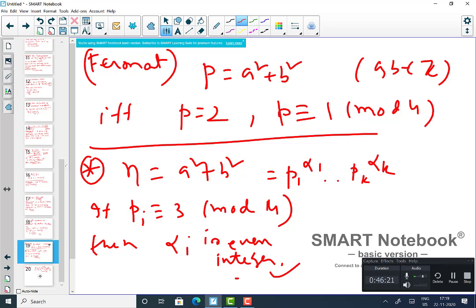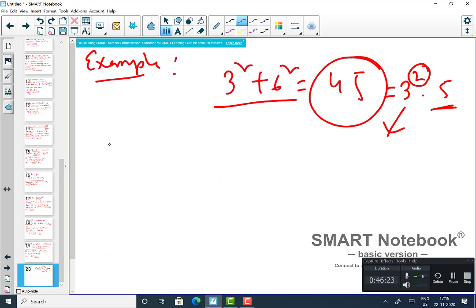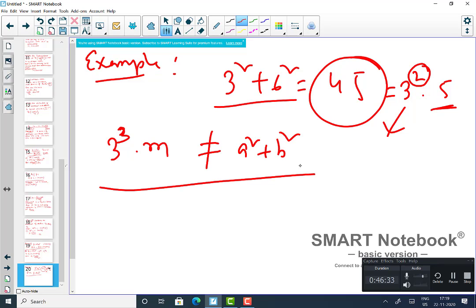It cannot be an odd integer. If you have 3 cubed into something, whatever, you cannot write it in this form. Never. This is not possible. But this requires some techniques of algebraic number theory, so I am not going into details.